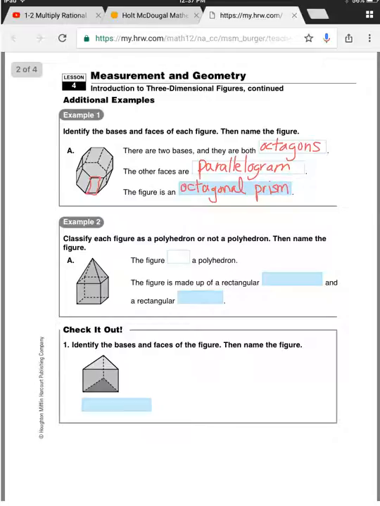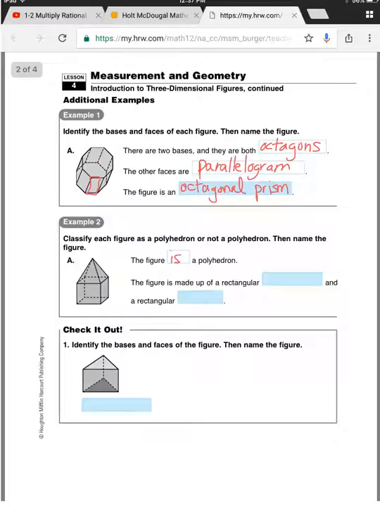Okay? Classify each figure as a polyhedron or not a polyhedron, then name the figure. This figure is a polyhedron because if we go back to our definitions, a polyhedron is a three-dimensional figure whose faces are all polygons. And all of those are polygons because it's made up of squares and triangles.